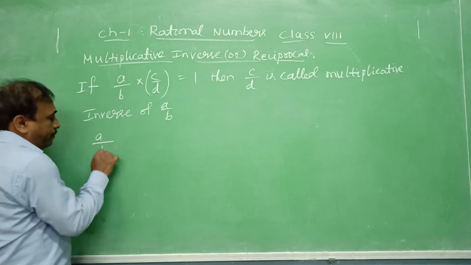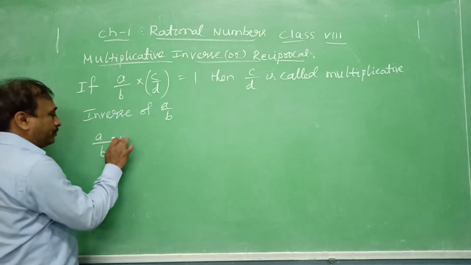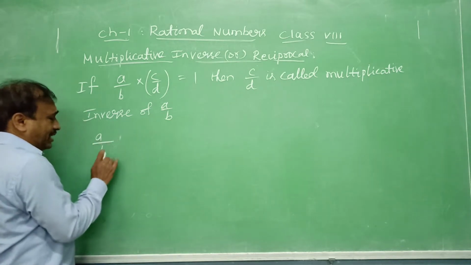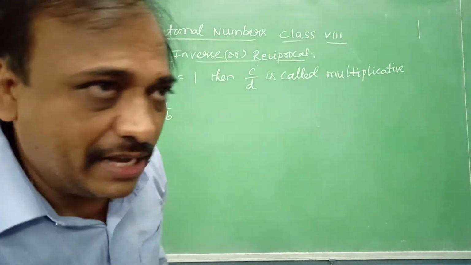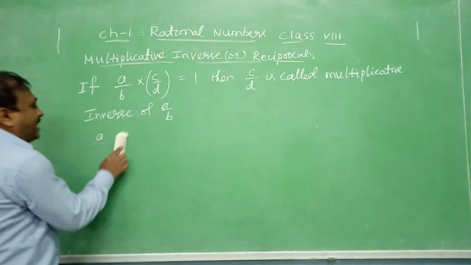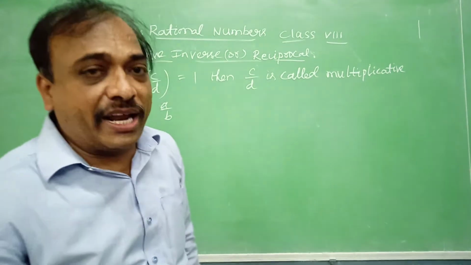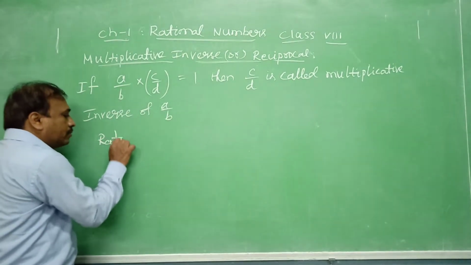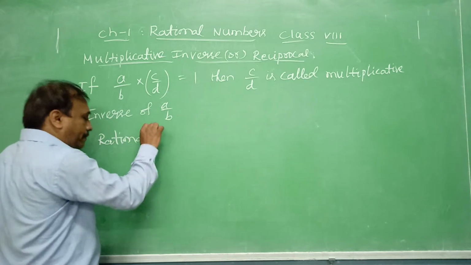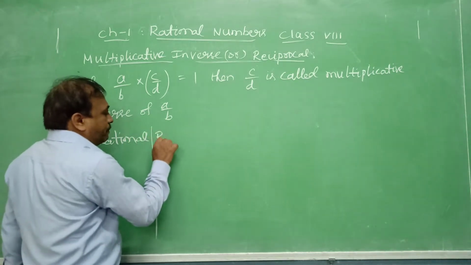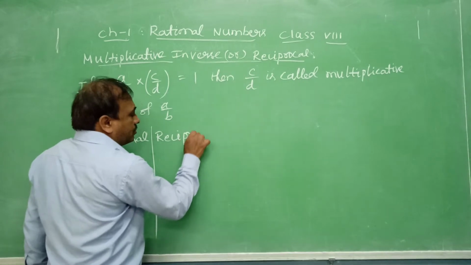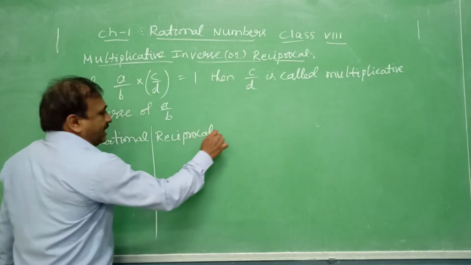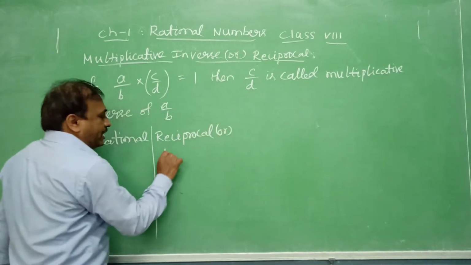A rational number and its reciprocal. Observe it. Rational number and its reciprocal, the product is always going to be equal to what? Rational number, then reciprocal, or you can write multiplicative inverse.